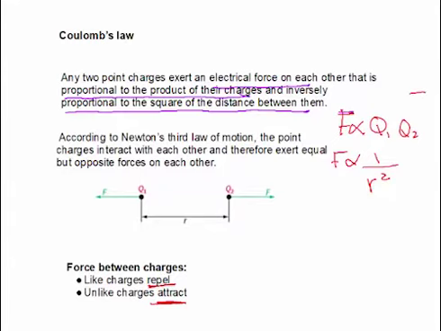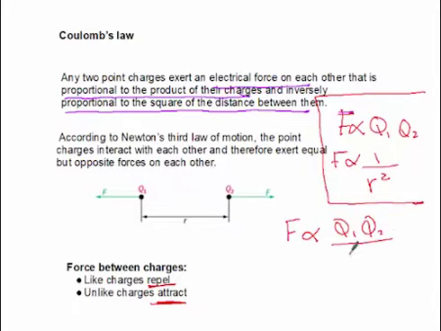Let's come to Coulomb's law from these expressions. Now, F proportional to Q1 times Q2 over r square, and then we can replace the sign of proportionality by a constant.